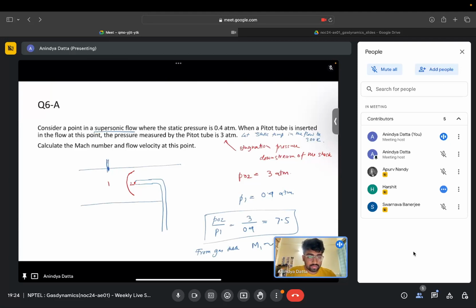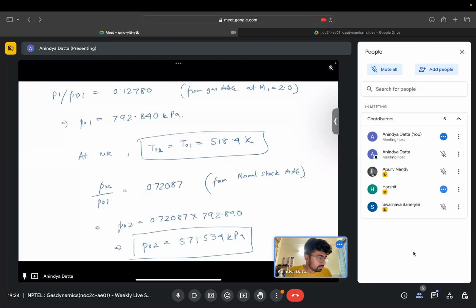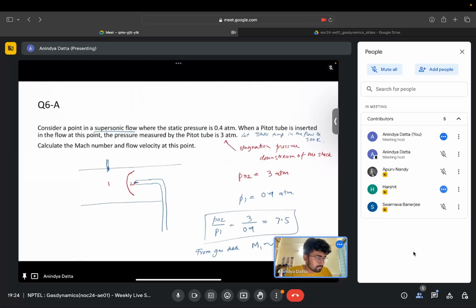But when you put the tube just against the flow, at the nose of the pitot tube it will measure the pressure there. That pressure is the stagnation pressure.